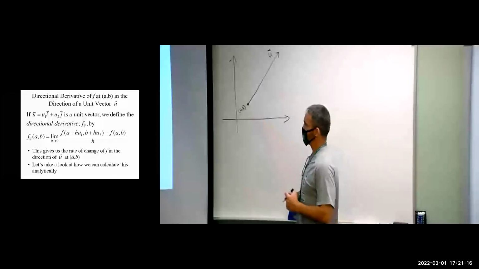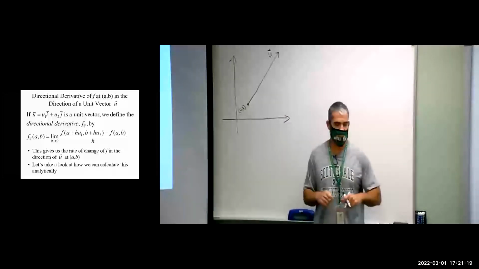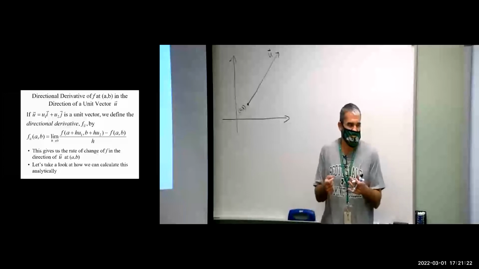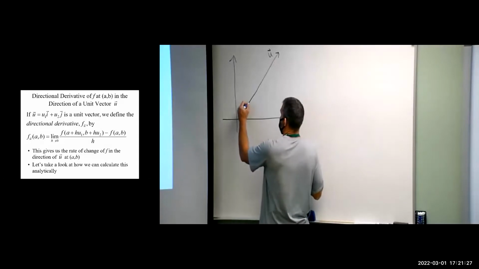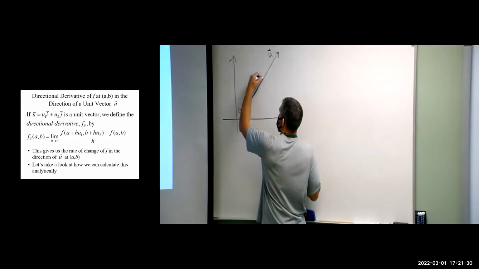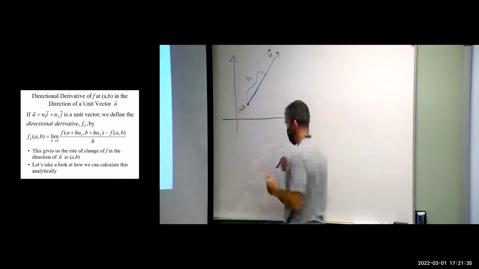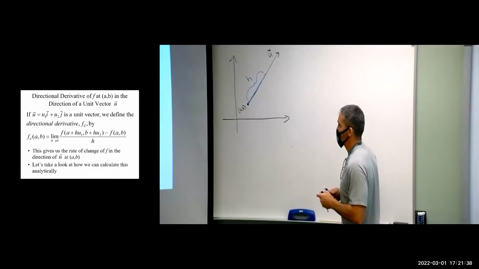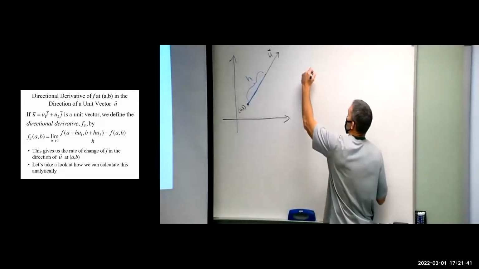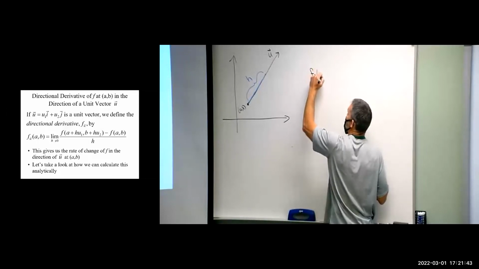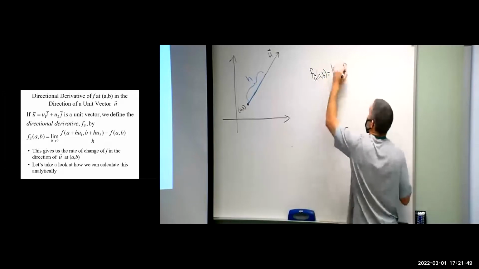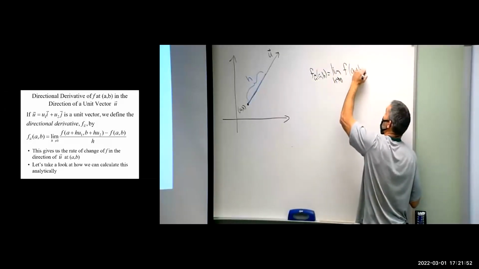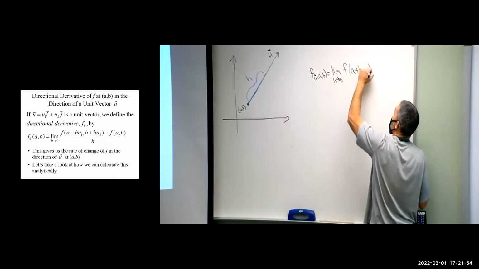Now we've got to match it up with our limit definition. Just like all the way back in Calc 1, H is some arbitrary distance that we're eventually going to let be 0. Let's say that's H. And we've got our limit definition. So F in the direction of U at AB is the limit as H goes to 0 of F of A plus H U1, comma, and so on, all over H. This is just the definition.